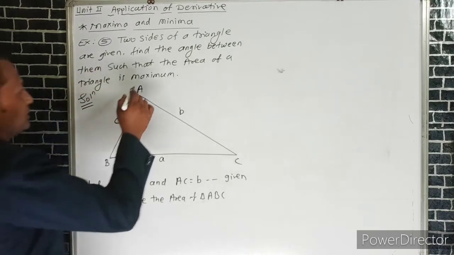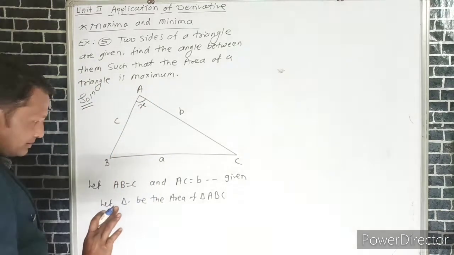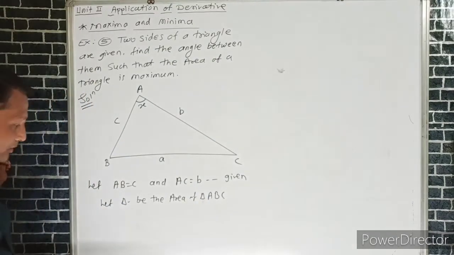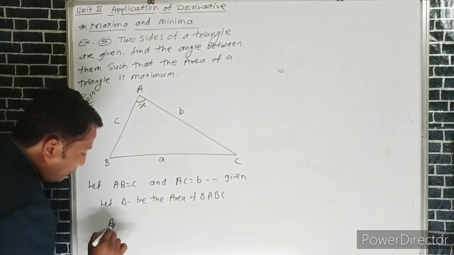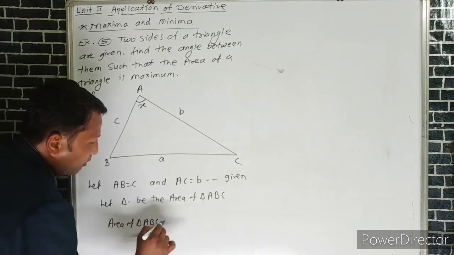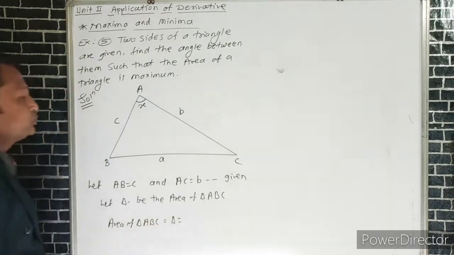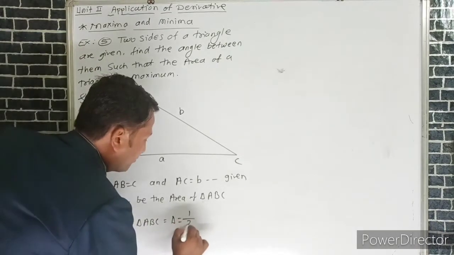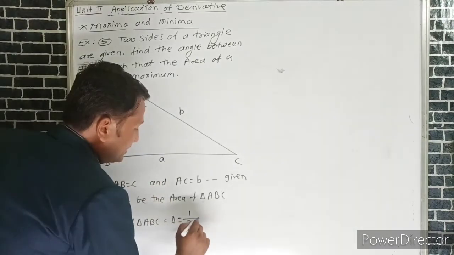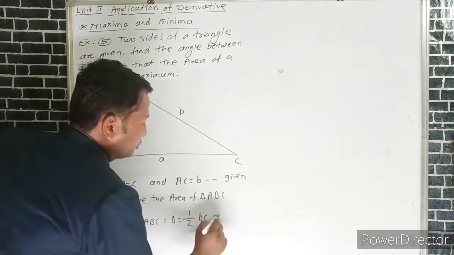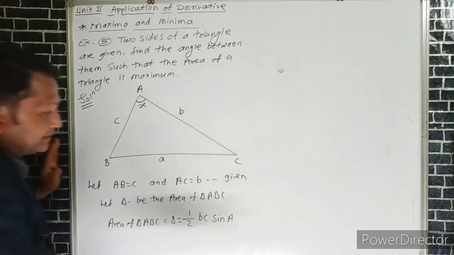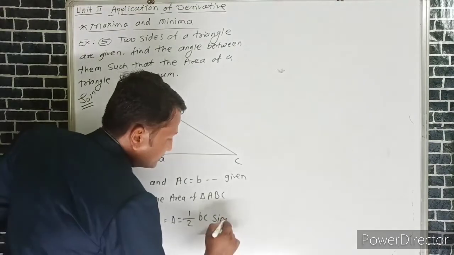We consider the value of angle A as x, and if del is the area of triangle ABC, then we know that the area of the triangle, del, is equal to half of the side BC into sin A. The angle A is x, so we can write sin x.